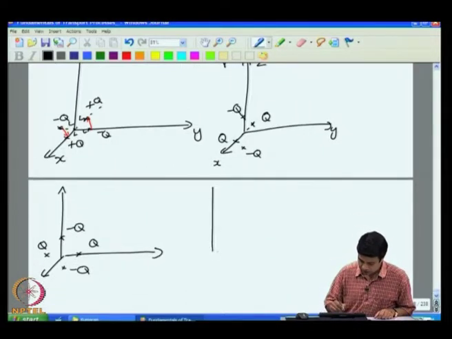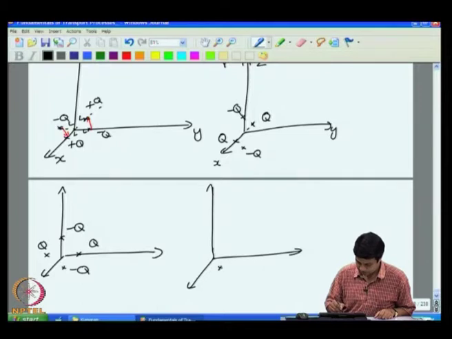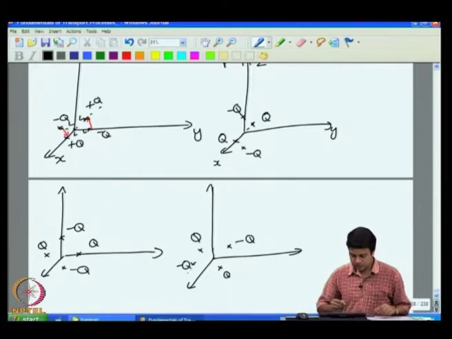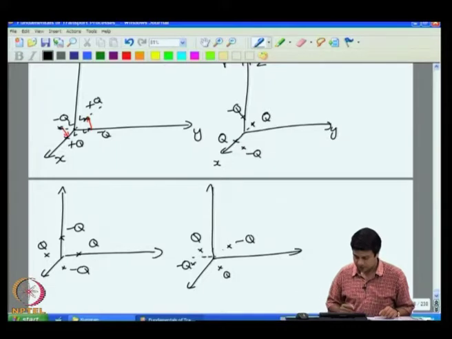The other ones, there is one along the xy plane, but not along the axis. So, this is q minus q, q minus q. Once again equidistant, but not along any of the axes.